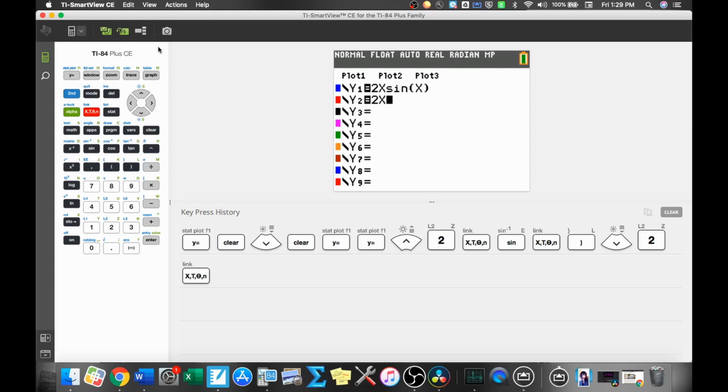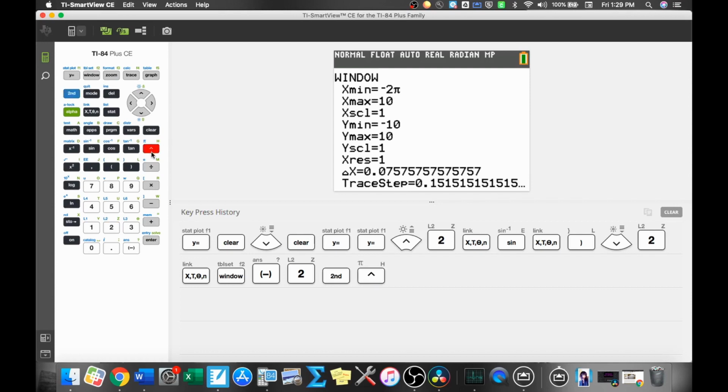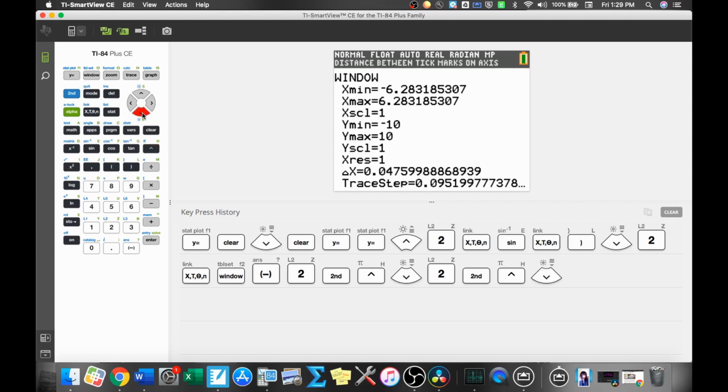And then since I'm graphing trig, I am going to take a look at my window here because I want to use a window in terms of pi instead of in terms of 1 through 10. So I'm going to set my x minimum to be negative 2 pi. Pi is above the caret key. So negative 2 pi. I'm going to set my x maximum to be positive 2 pi. I will have my x scale count in increments of pi over 2.